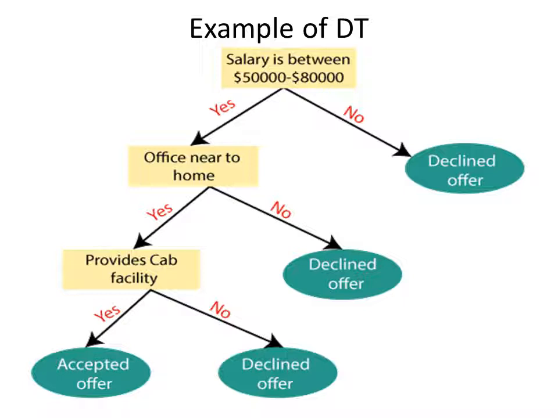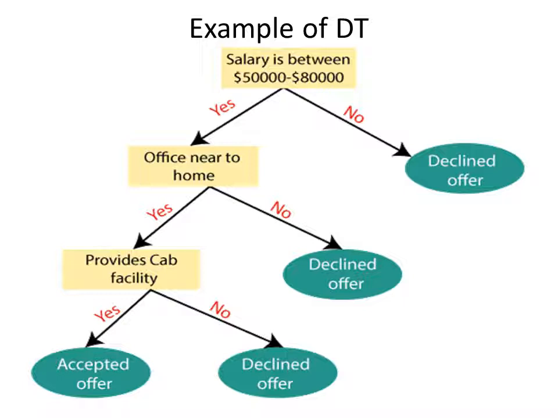So the decision will be accepting the offer or declining the offer. There are two types of decision. One decision is accepting the offer, yes. One decision is declining the offer, no.